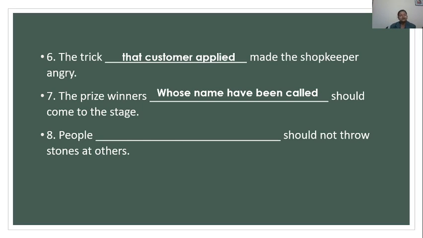Again, people have been discussed here. So, people dash should not throw stones at others. What kind of people? People who have houses made of glass. Ma'am has used this clause here. Okay, people who have houses made of glass should not throw stones at others.